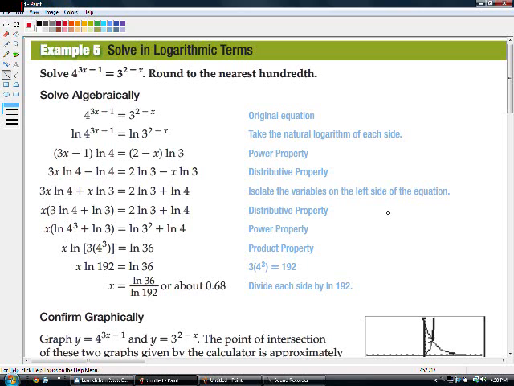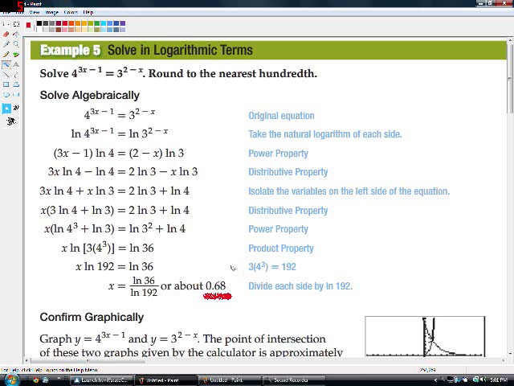Okay. Now we use the product property. When two logs are being added together, they're actually multiplied. That gives us x natural log of 3 times 4 to the third equals the natural log of 36 times 4. x natural log 192. You divide and isolate the variable, which gives you x equals about 0.68.